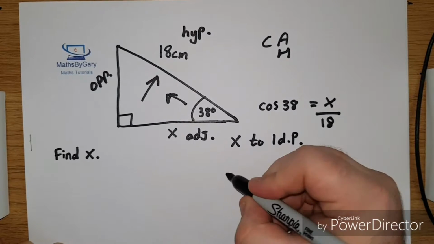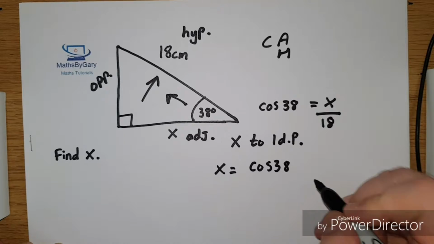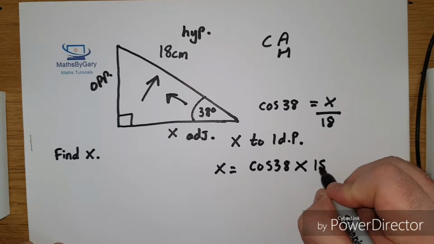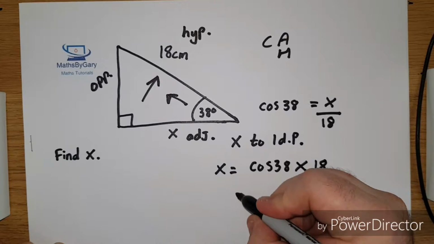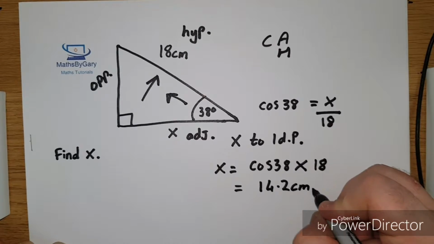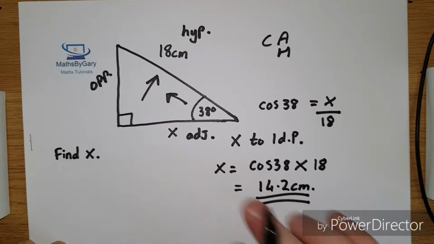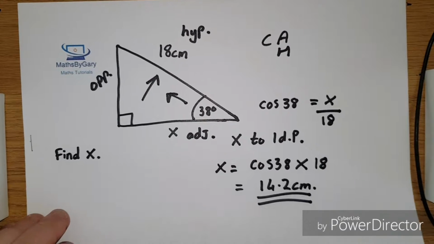So to find x, we would simply do cos 38 on our calculators, multiply by 18, and to 1 decimal place that will come out as 14.2 centimetres. So there, that's how we find the side of this particular triangle.